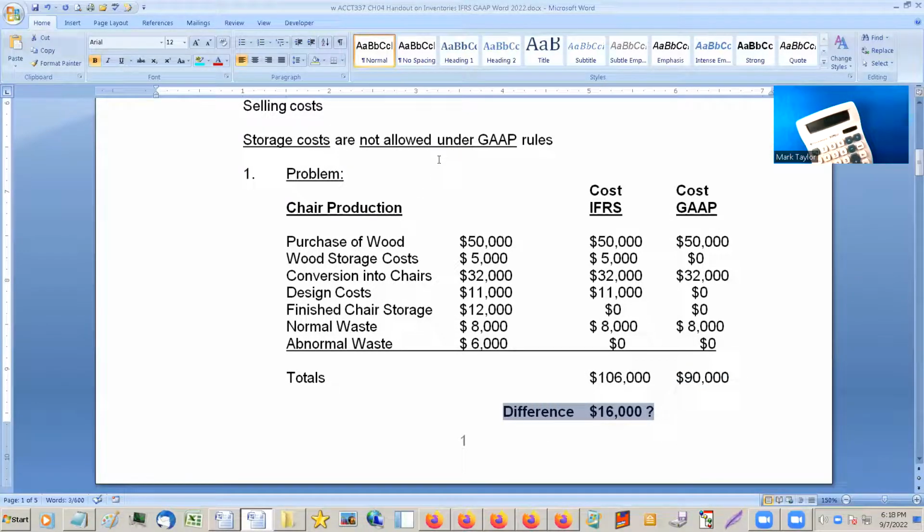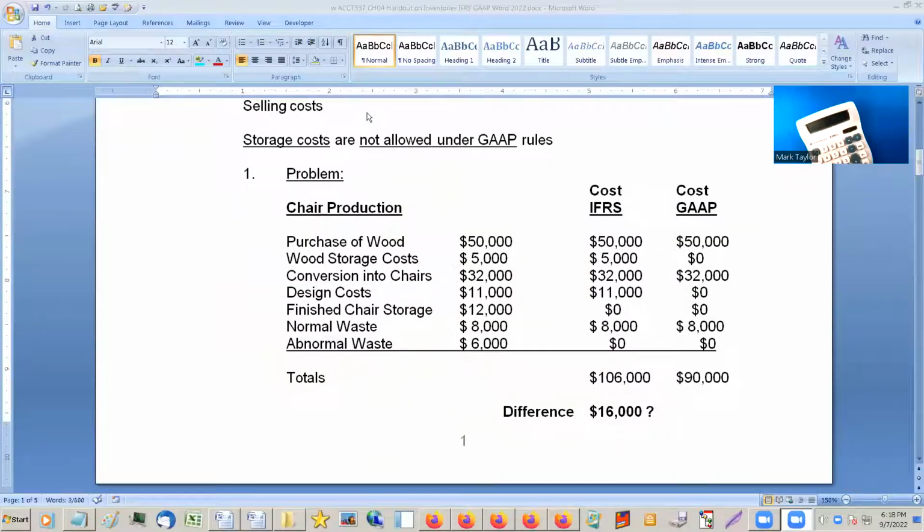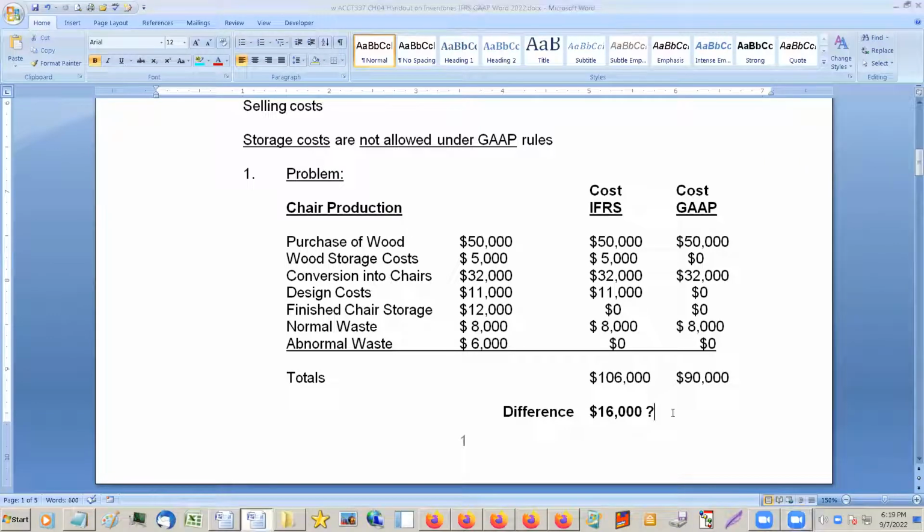So what happens to the difference? What happens to the 16,000? Are they included as an expense? Yes, that's exactly right. Could be an expense. That's exactly right. So this will be expense for US GAAP.